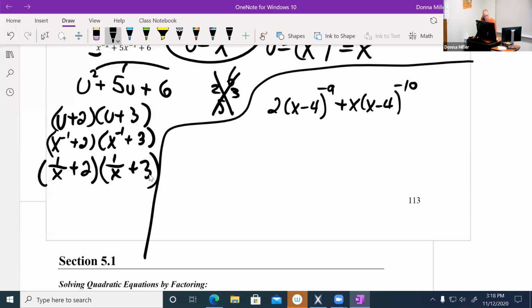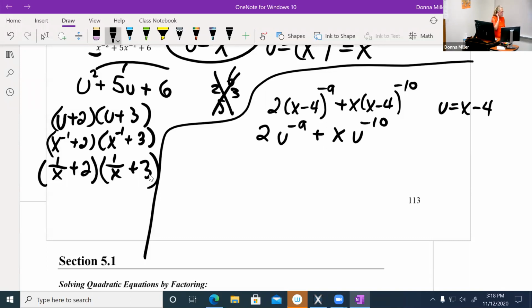What I want you to understand is you can factor something out when the bases are the same. You see they both share x minus 4, right? In fact, if that bothers you, let's let u be x minus 4, just to simplify it. So this would be 2u to the negative 9 plus x times u to the negative 10, right?